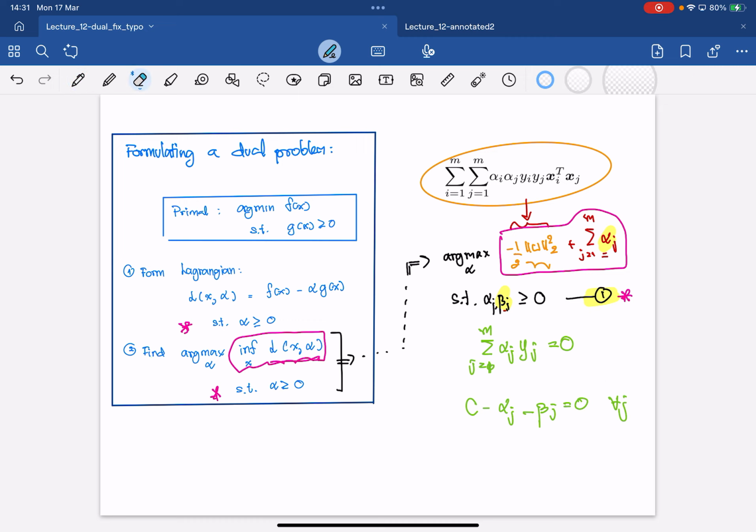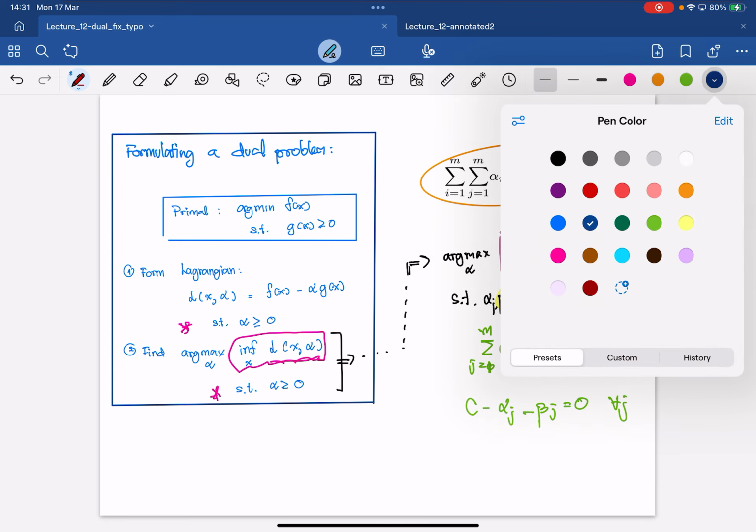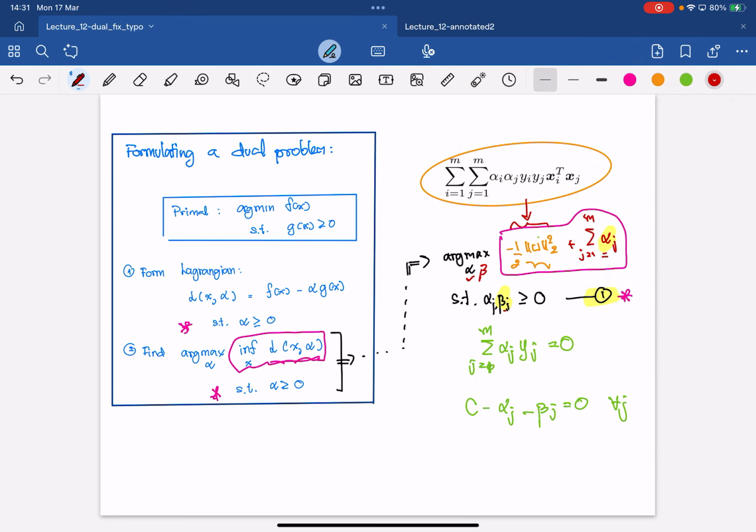So what does this mean? It means that if you want to solve for W, your normal vector, and your bias, you have to solve for alpha and beta with this optimization problem.